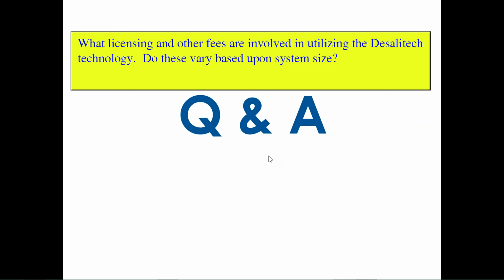However, with our partners, we have a number of them, we do license the technology to them to build, and we are willing to license to others. So we're glad to chat with folks about that. And yes, generally the license fee goes with the value that the technology brings, and that typically scales with system size. So we have a license fee schedule that goes with the size of the RO system it's used with.